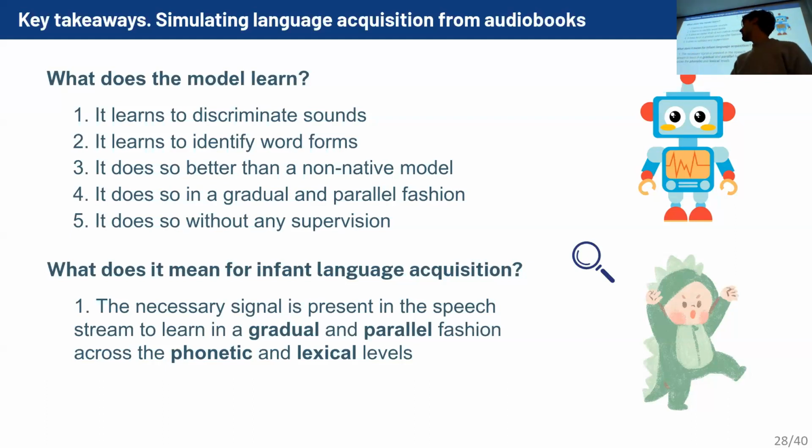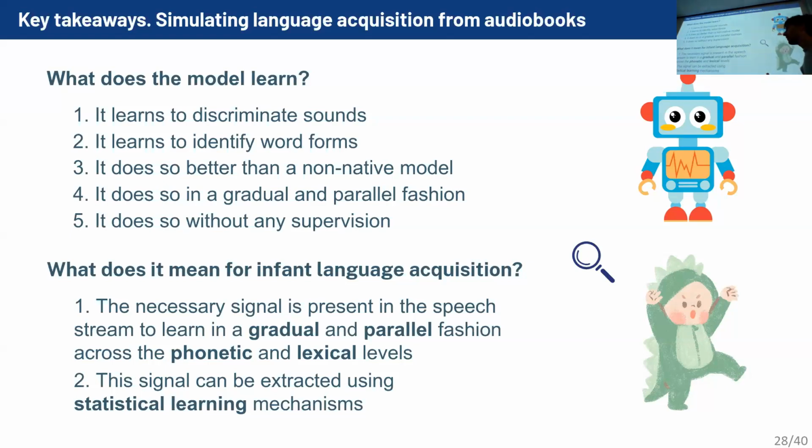And second, we show that this signal can be extracted using a statistical learning mechanism, which does not mean that infants employ similar strategies to learn about the sounds and the words of their native language, but this shows that they could rely on similar cues to start learning about these two aspects of their native language.